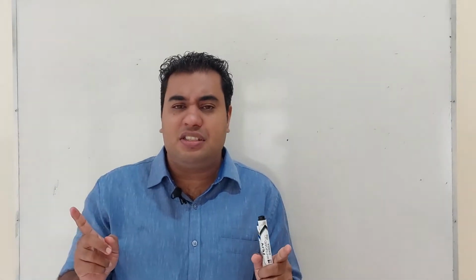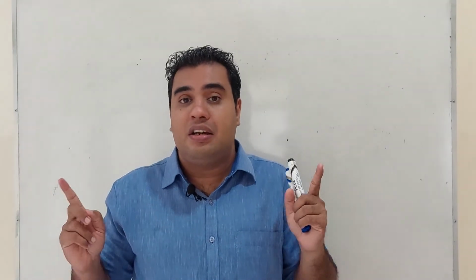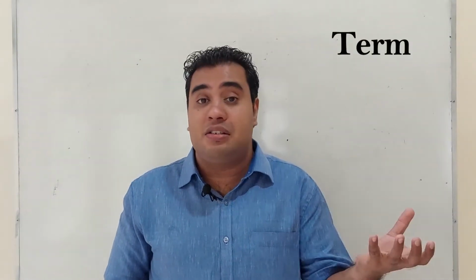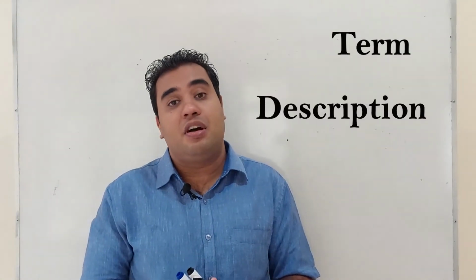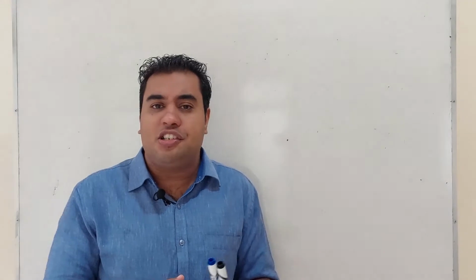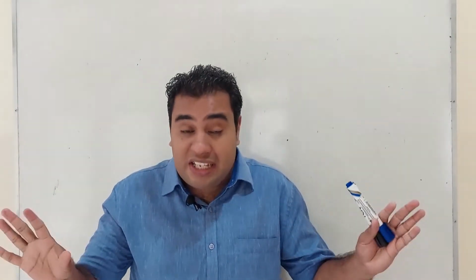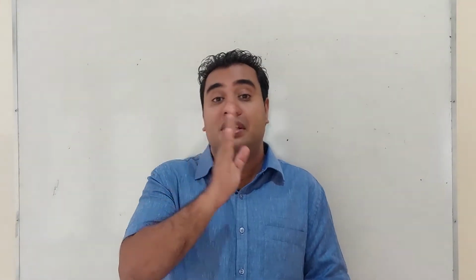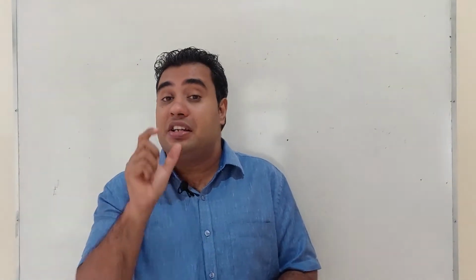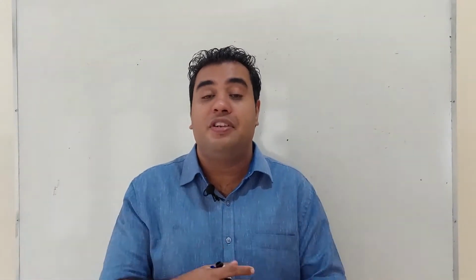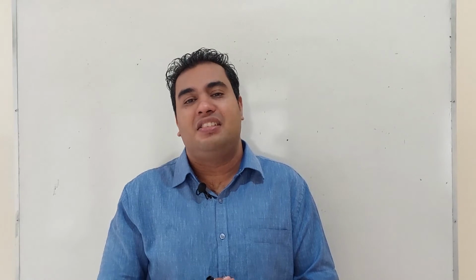A definition list is something like a dictionary, where we find a term and then the description of that particular term. Not exactly a dictionary, but something like that. So we find a term and a description within a definition list. Just remember that.